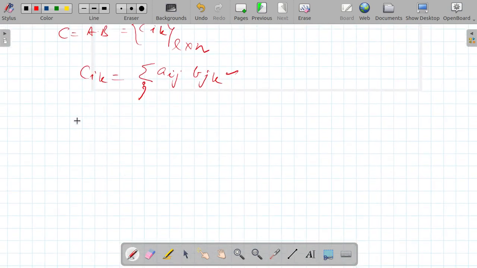So if we are having matrices A and B, they are taken in such a manner that A is A11, A12, A21, A22, A31, A32.